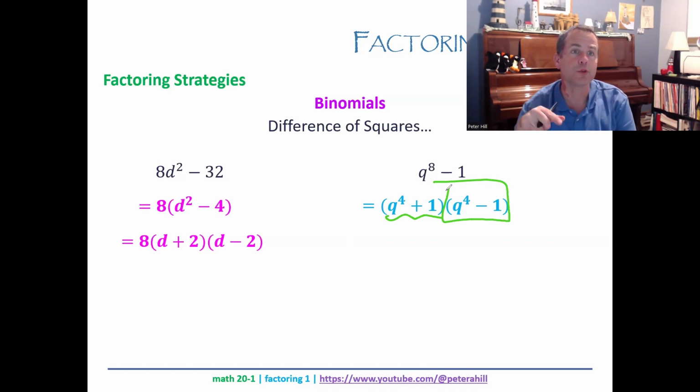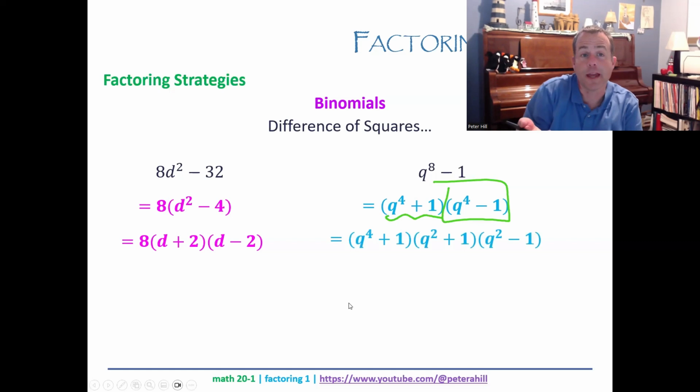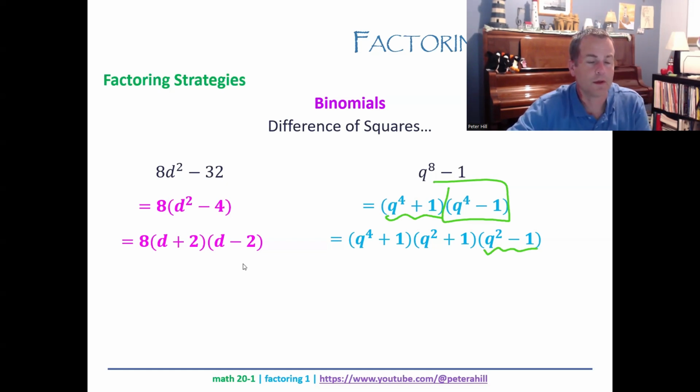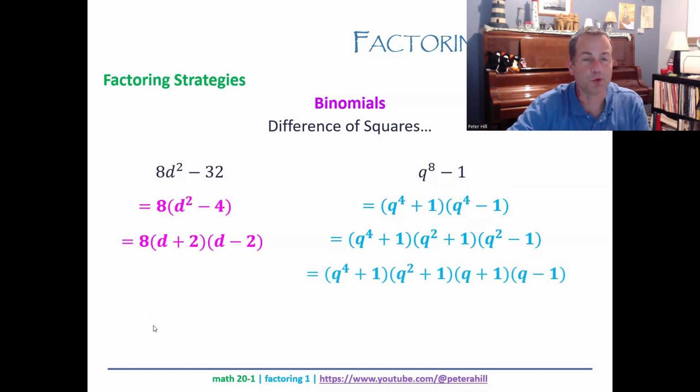That'll be q squared plus 1 and q squared minus 1. And then I ask myself, am I done? And it's still, no, I'm not, because this guy here is still a difference of squares. That could be q plus 1 and q minus 1. Okay, and then you ask yourself, am I done? And the answer is yes, I am totally done now. Okay, good job.